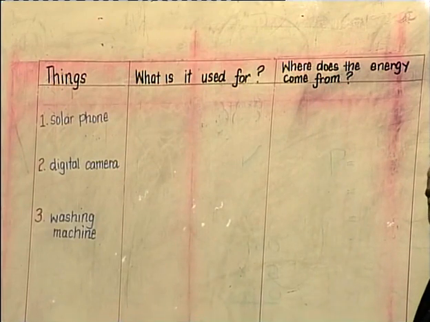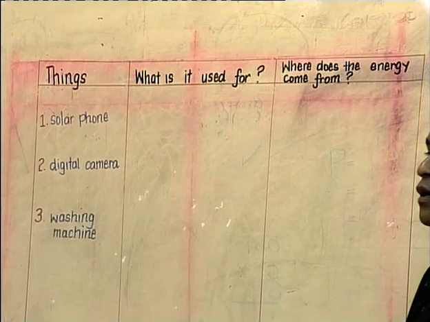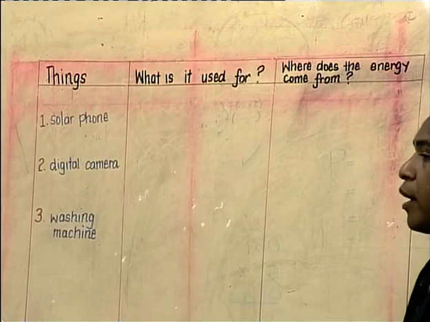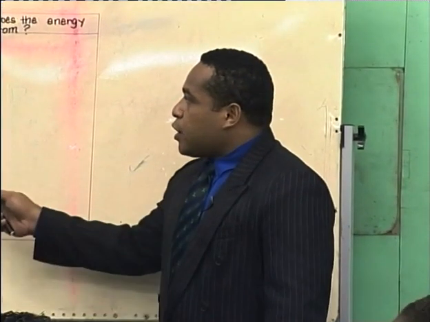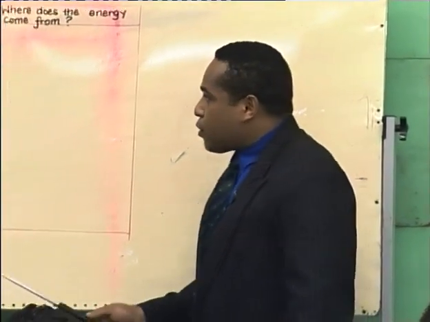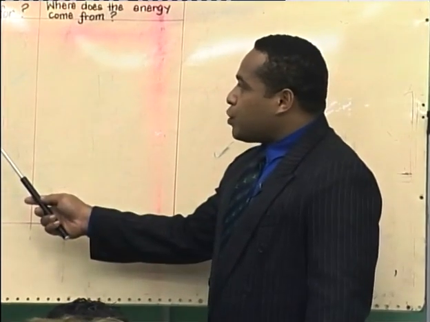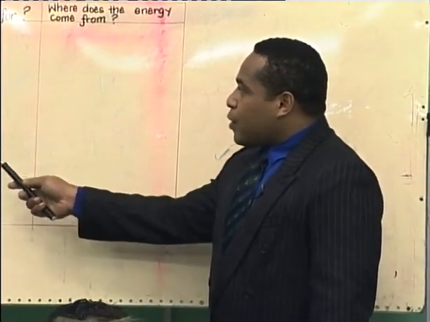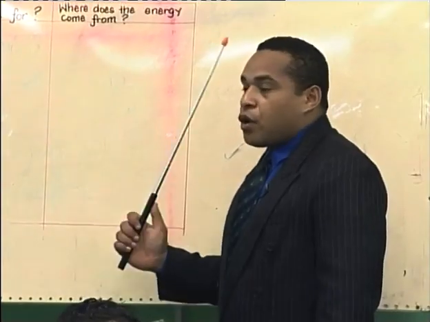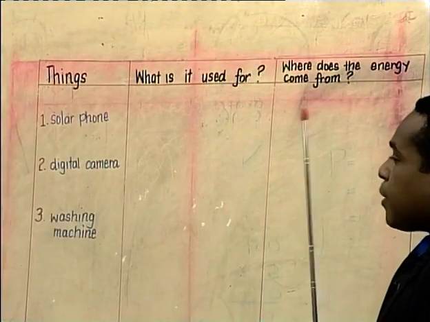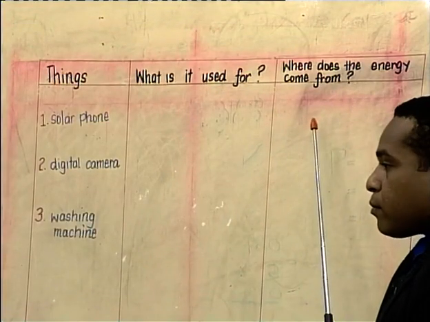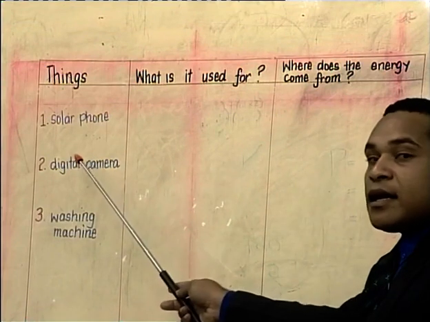Are we clear, receiving students and 6C? So in your groups, you will discuss among your groups and try to identify what the solar phone is used for and where the energy comes from when you're using the solar phone.